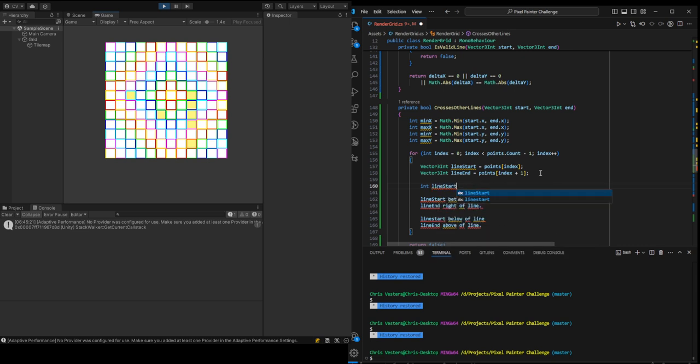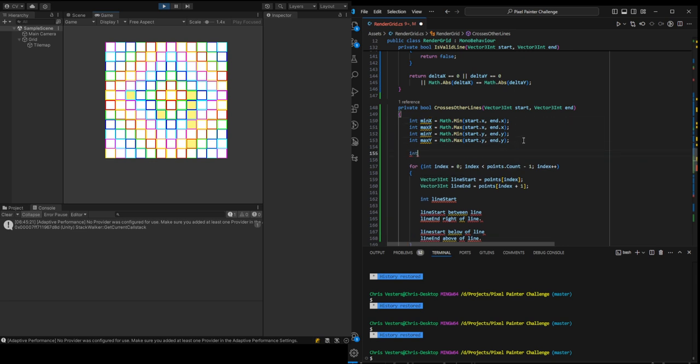Line start, should I just look at to see which case I actually have? Min x, min x, delta x, max x minus min x.